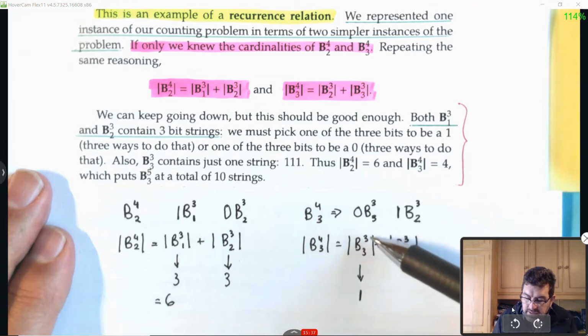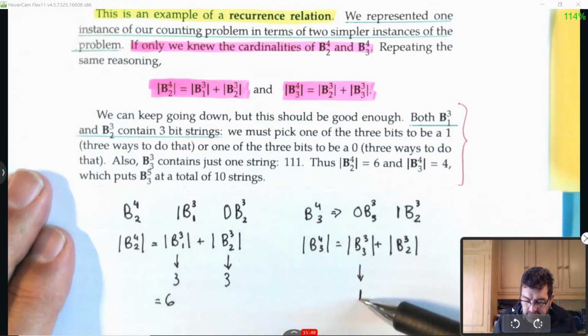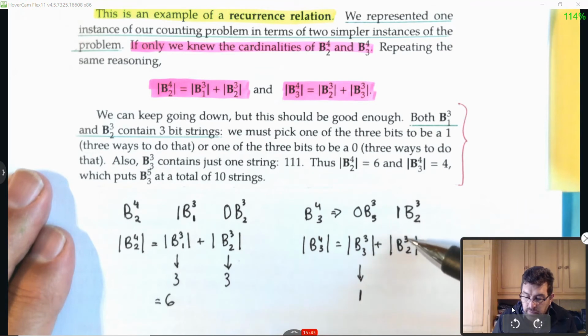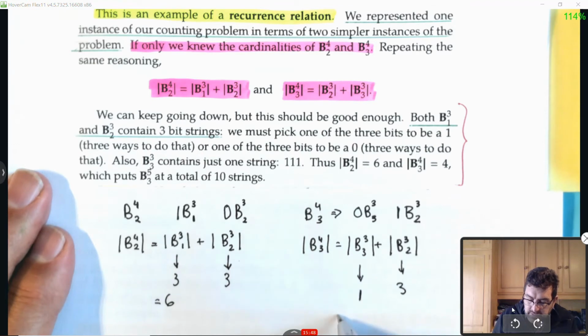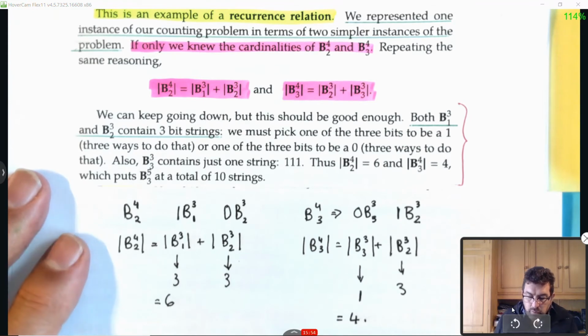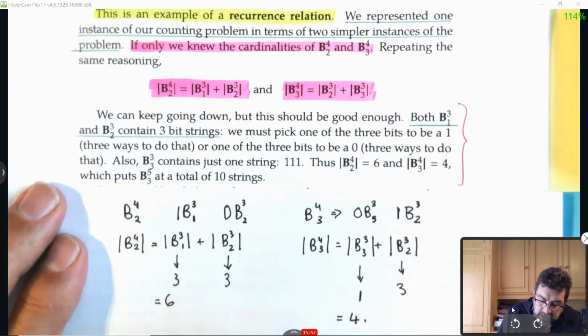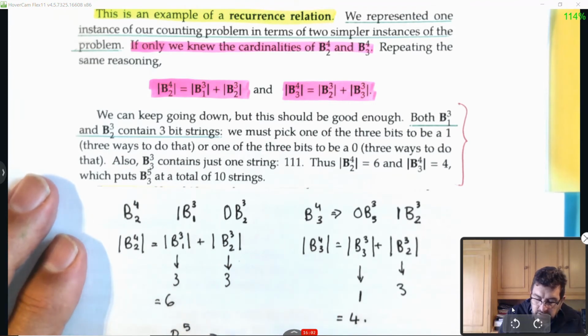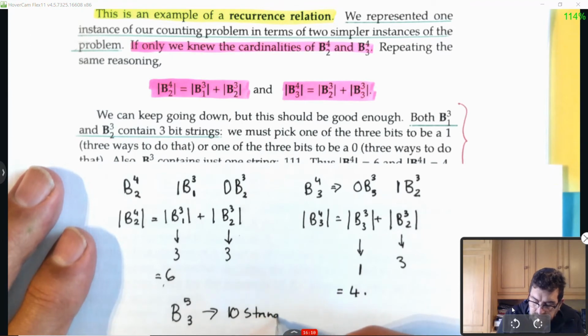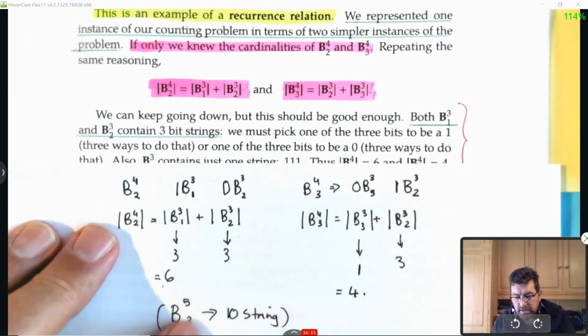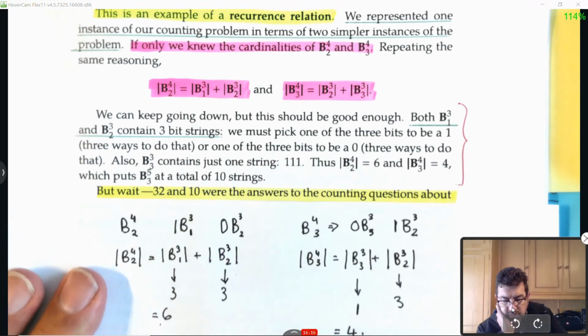And B4,3, there's only one choice here, and I've already worked out that B3,2 is 3, so the cardinality here is 3, which puts the cardinality of B5,3 at a total of 10 different strings that we can string together that have a length of 5 and a weight of 3.